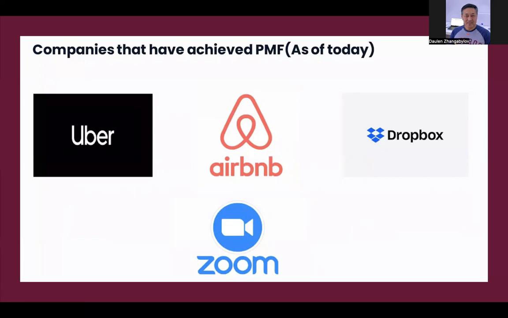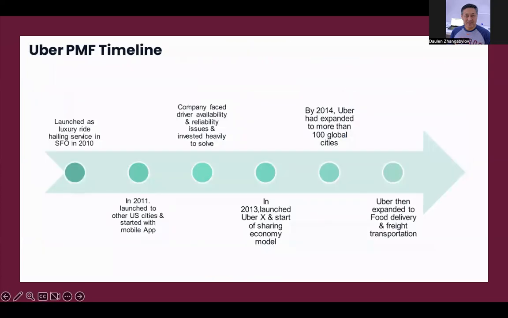And in previous weeks, we spoke a lot about Uber. We spoke a little bit about Airbnb, and I think we had an exercise around Zoom as well. So let's see an example of the Uber timeline. The company eventually started.